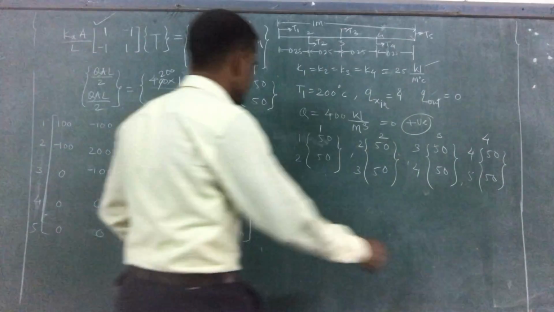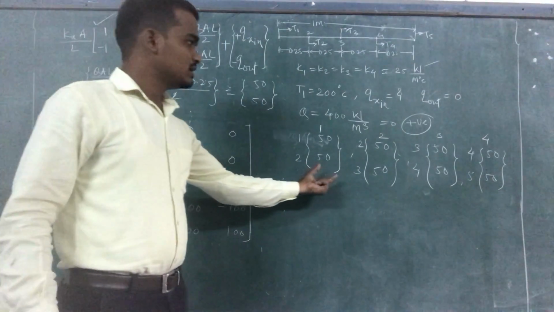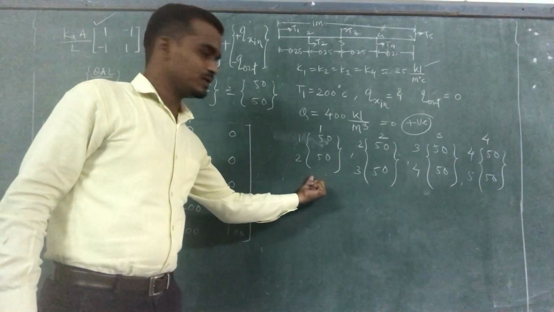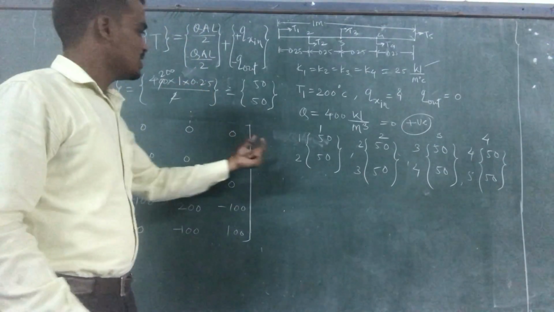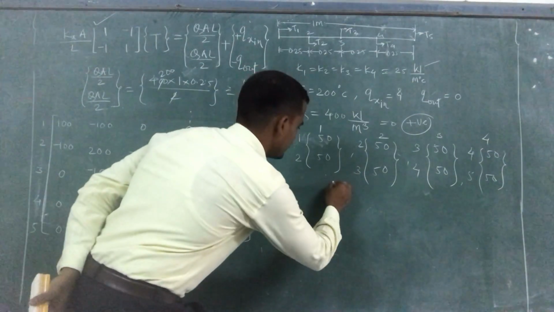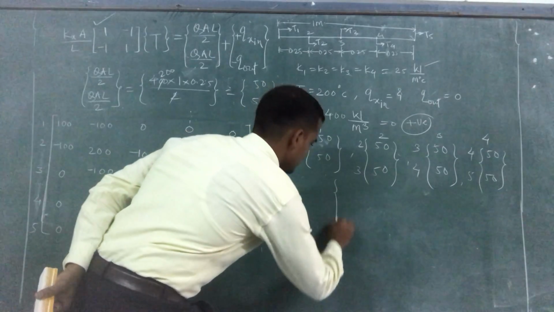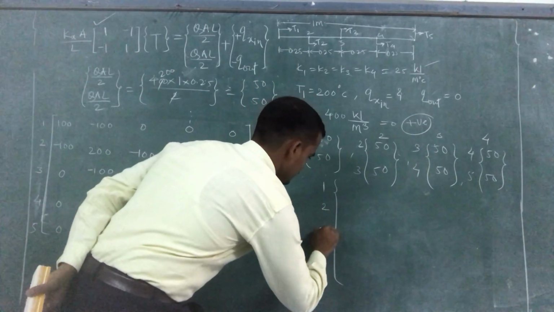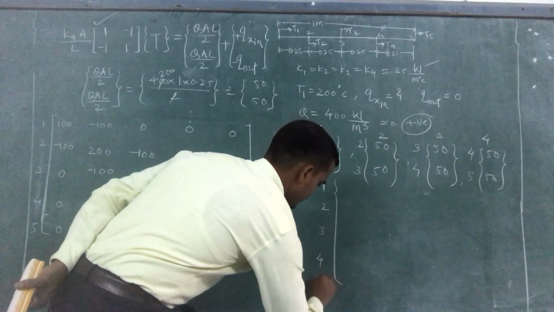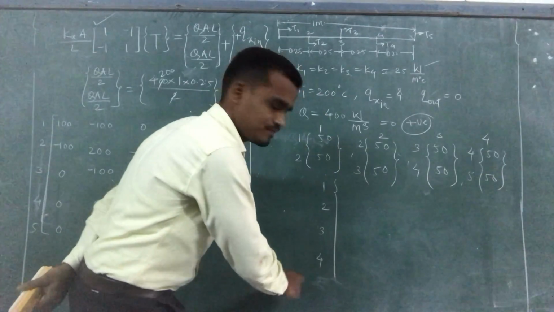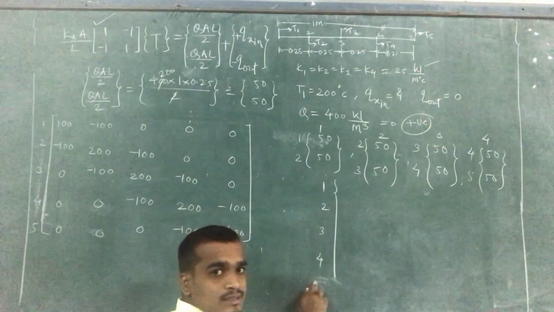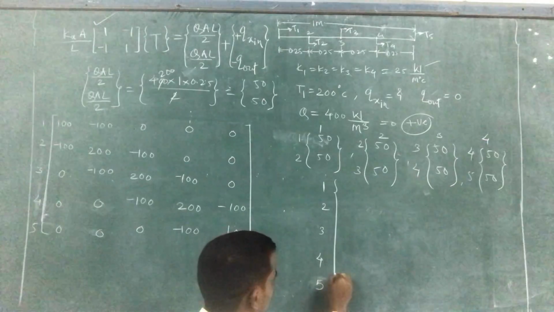Now we need to write down the global load vector due to the heat generation. So how to write down the global heat generation? Because we know that 1, 2, 3, 4 and 5. As there are 5 nodes, so we can write down here.